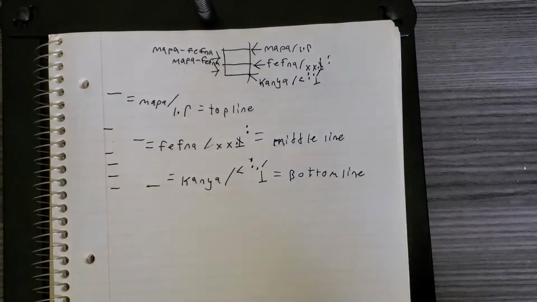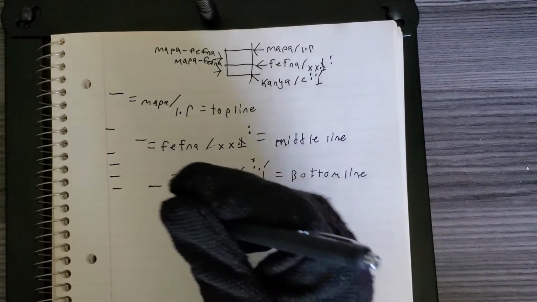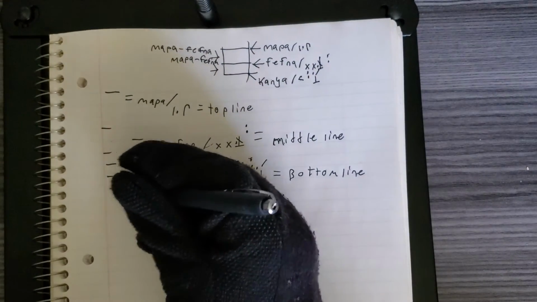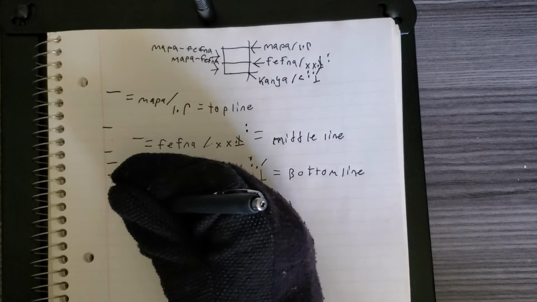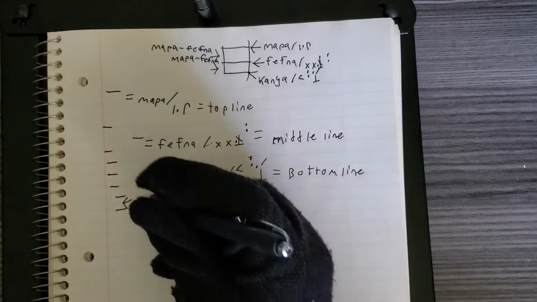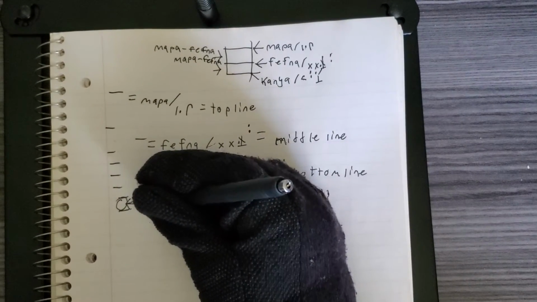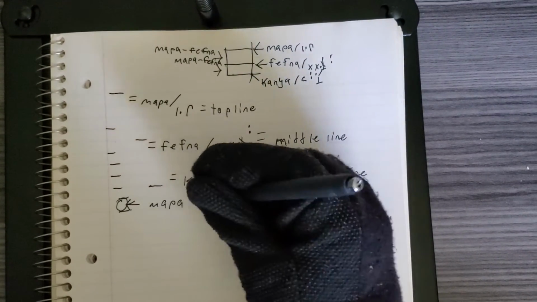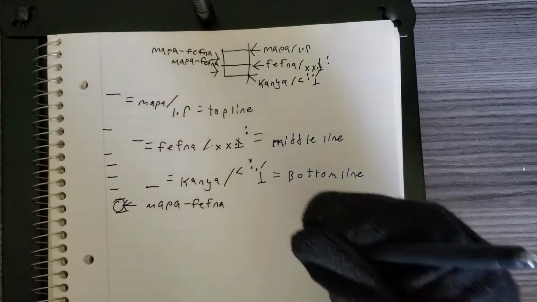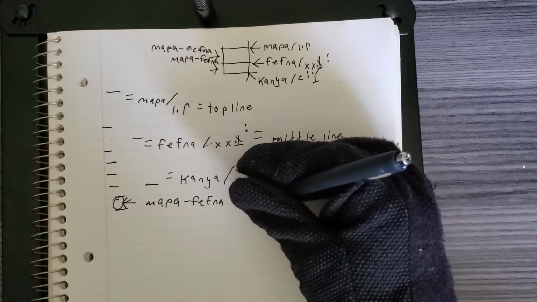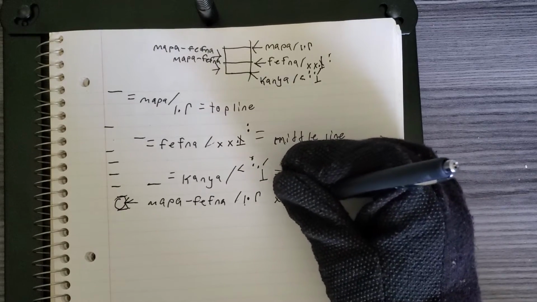Alrighty, as mentioned before, mapa-fefna is the space between mapa and fefna. If we were to imagine again that we have our 3 lines here, so our mapa and a fefna here, our mapa-fefna would be this space right here. And to write this in Soulvean, it's the same thing as you do for mapa and the same thing you do for fefna.